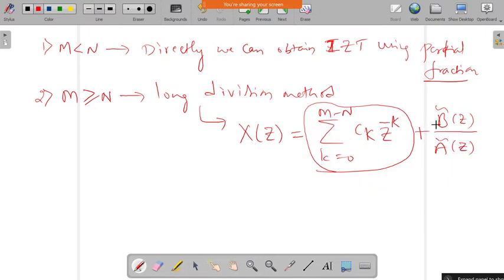The denominator will not change; only the numerator power changes after dividing. Similar to normal division, we divide and the remaining terms come.